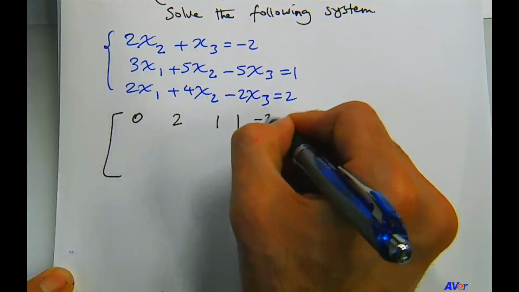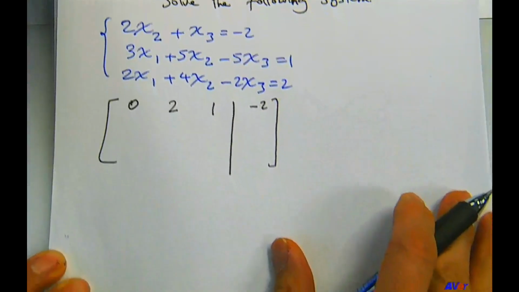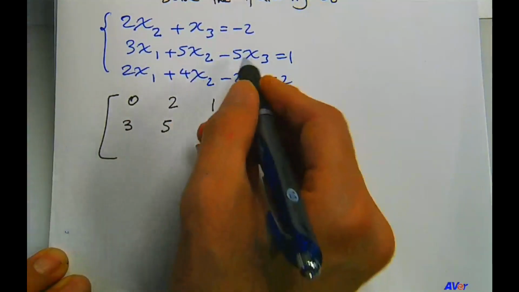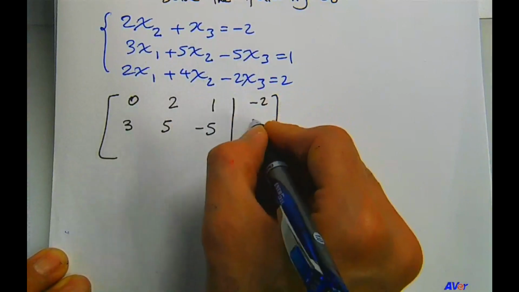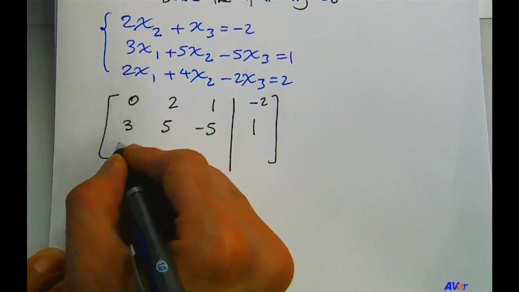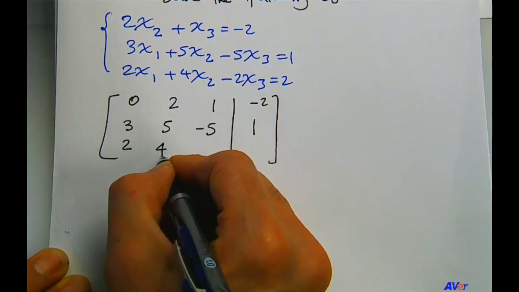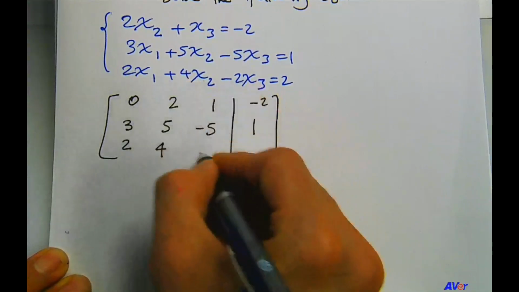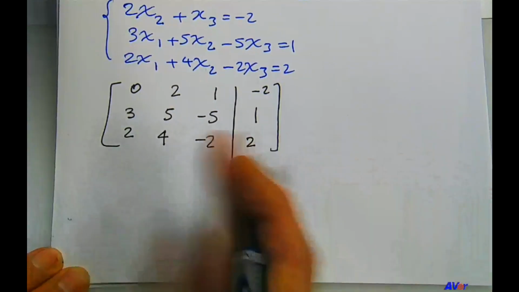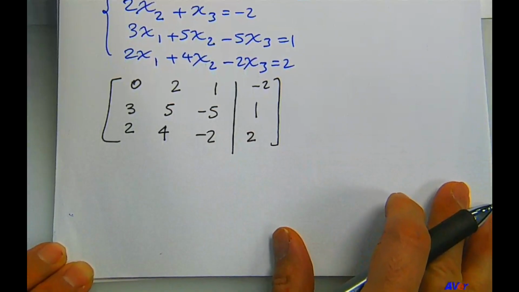And then, of course, the constant value. Then we have 3, 5, negative 5, 1 on the other side, which is the constant. Then lastly, 2, 4, negative 2, and then, of course, the constant on the other side. Okay, so this is the augmented matrix.